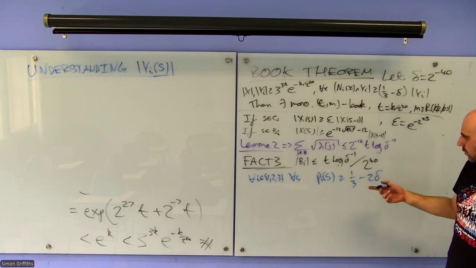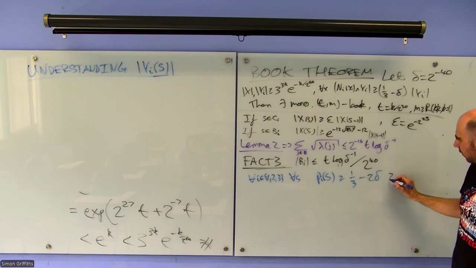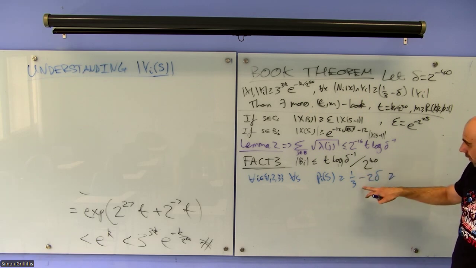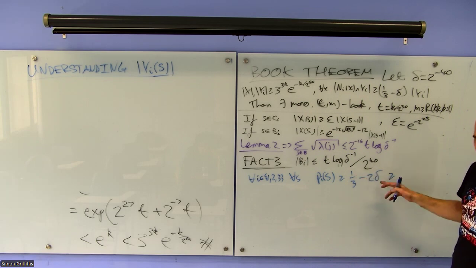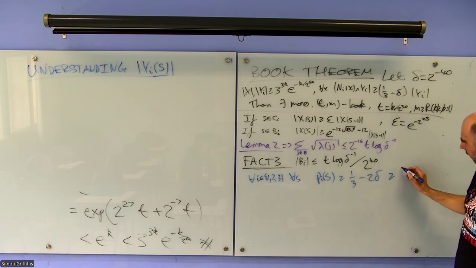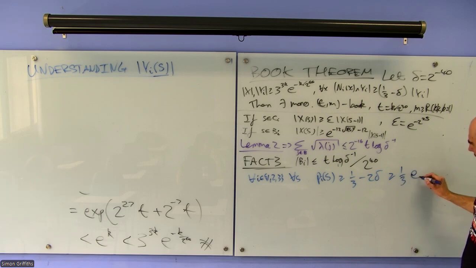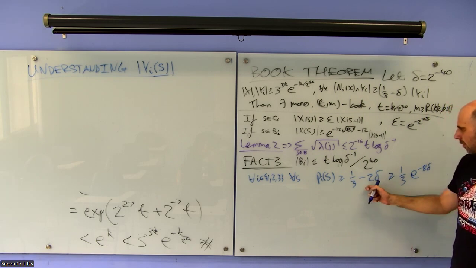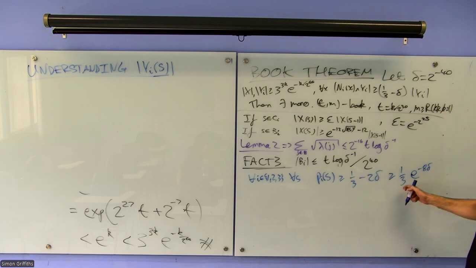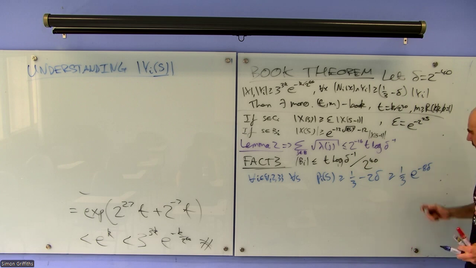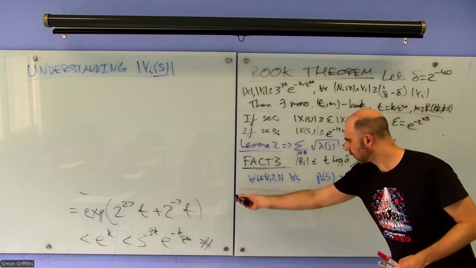Because it's useful to use exponentials, you can think of this as a third times, it'd be like 1 minus 6 delta or something. And then you can convince yourself, you can just put e to the minus 8 delta or something. So this is at least a third times e to the minus 8 delta. It's slightly more useful because all the calculations have these exponentials in, so we may as well have an exponential there as well.